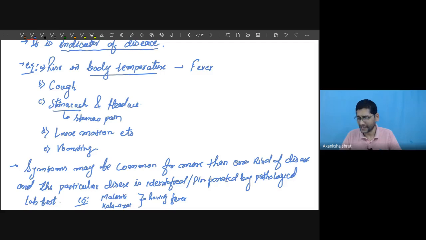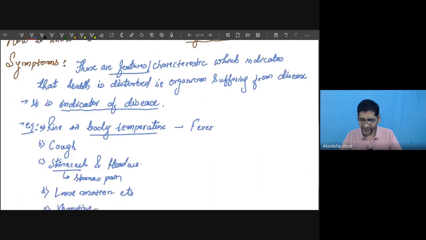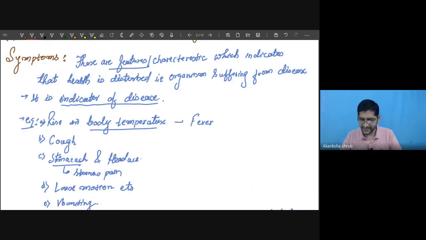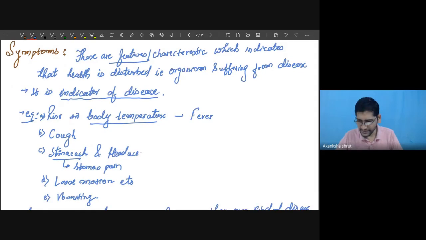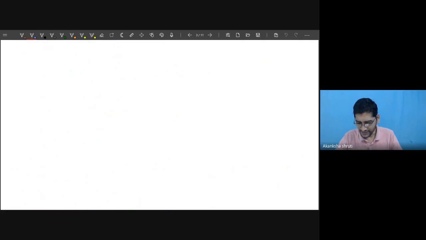There are certain other characteristics by which we can determine, though kala azar and malaria are of different kinds. So symptoms are what? The characteristic or feature that indicates the disease. After knowing these certain symptoms in our body, we go to the pathological test or hospital where we are diagnosed.